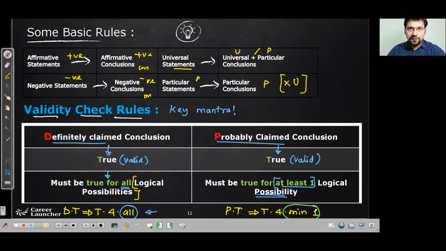Now, to explain this further, let me give you a general example. Let's say I say Mumbaikars are Indians, and I say Sam is an Indian.